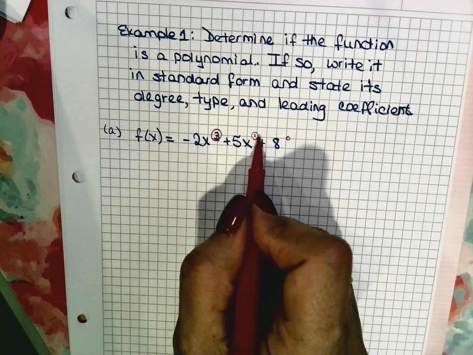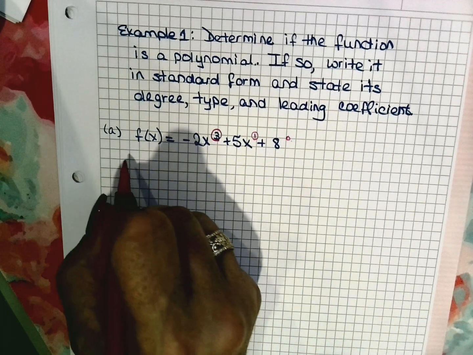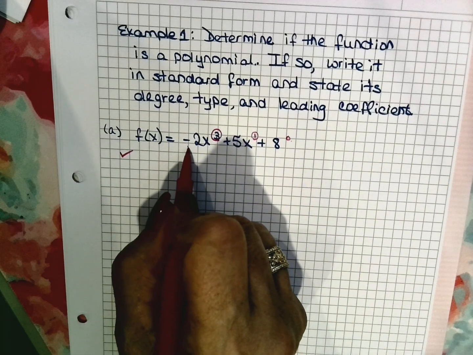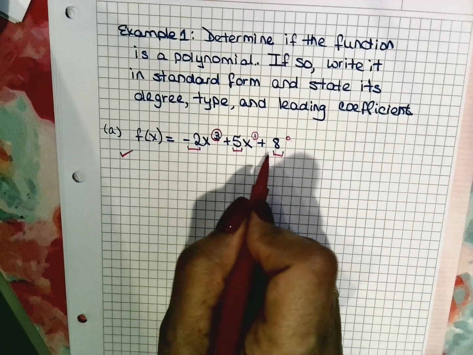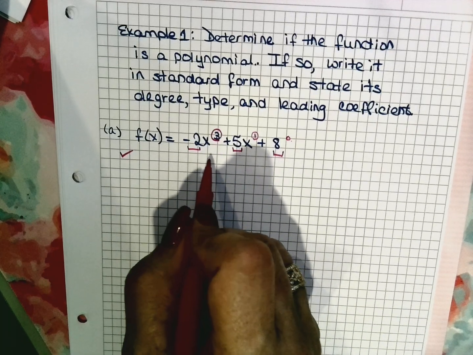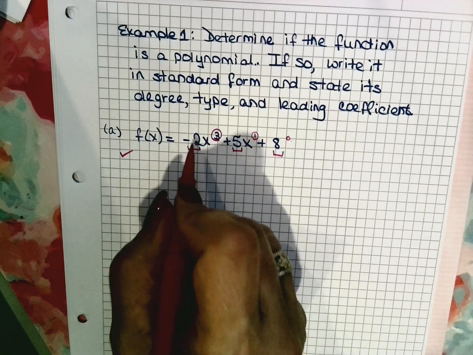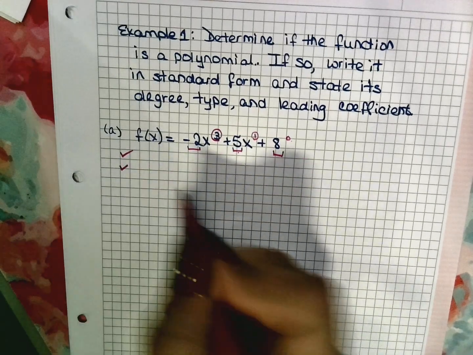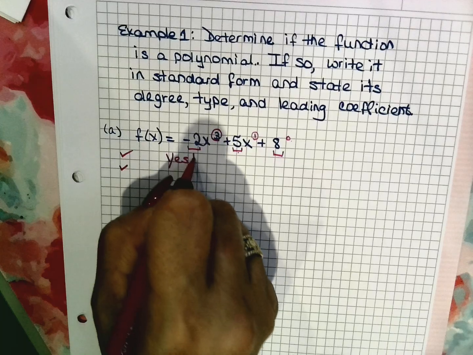So 3 is a whole number, 1 is a whole number, 0 is a whole number, so it passes that test. And the other thing is that the coefficients in front must be real numbers. In other words, there can't be the square root of a negative in there, and there can't be a little i anywhere. So this is a real number, that's a real number, that's a real number. So both of these tests are passed. So our answer is yes, it is a polynomial.